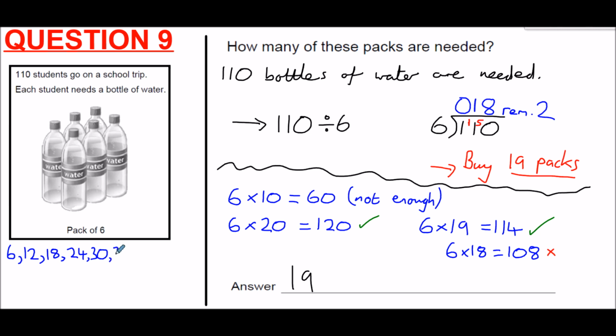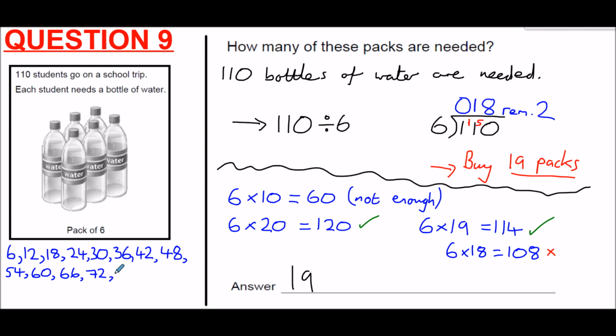Just to stress, I'm not recommending this method because just one slip and you're in trouble. But if all else fails and you're really not sure what to do, doing something in an exam is better than doing nothing. So this is like a last resort, I'd say. 48, 54, 60. Still not enough.